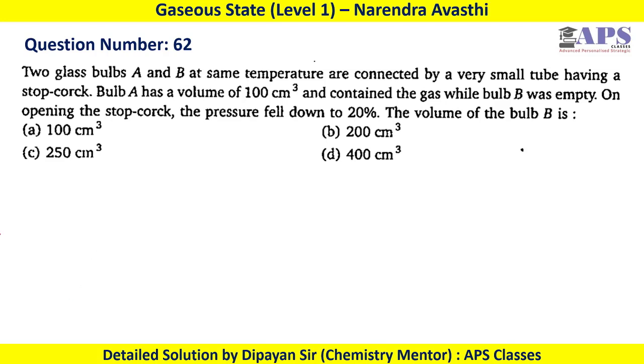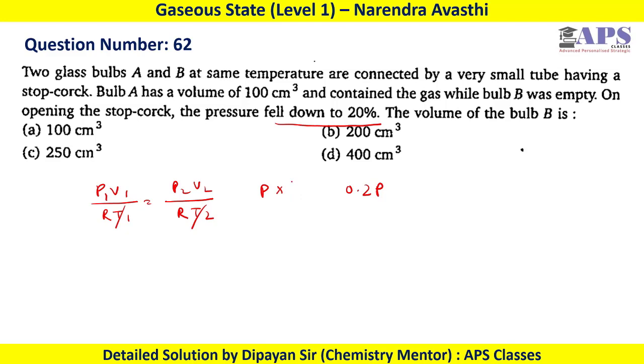Okay, so this is again total number of moles is constant here, so we can calculate it very easily using P1 V1 by RT1 equal to P2 V2 by RT2. See, there is no concept of temperature changing, so T1 equals T2. Initial pressure is P, final pressure is 0.2 P, because it fell down to 20% of the initial pressure.